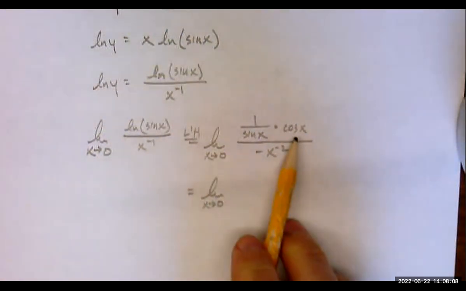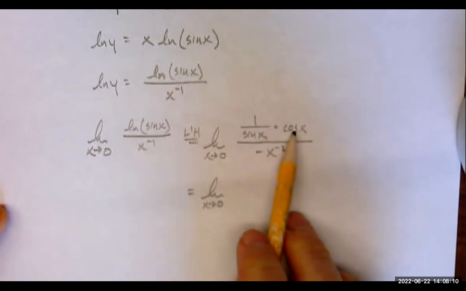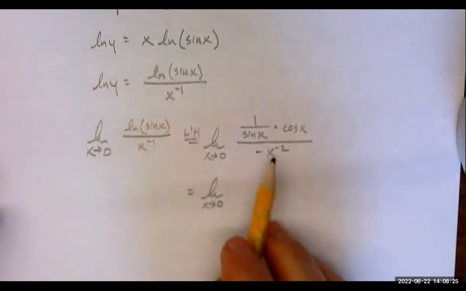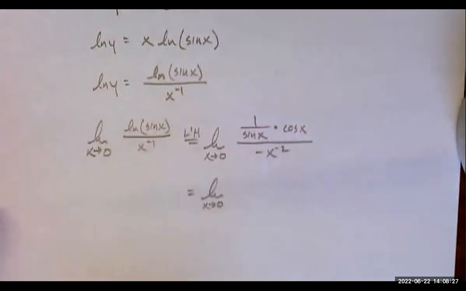As I look at that numerator, cosine x over sine x, I could call that cotangent x if I really wanted to. I think, though, I'm not. The x to the -2, I'm going to move up.